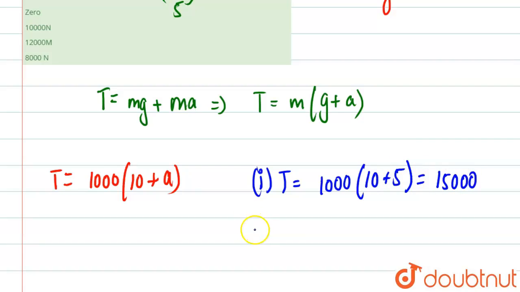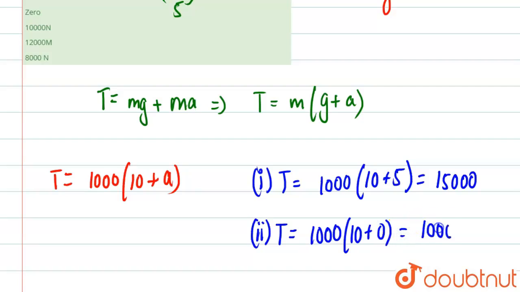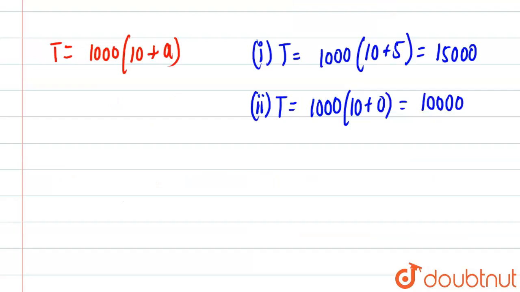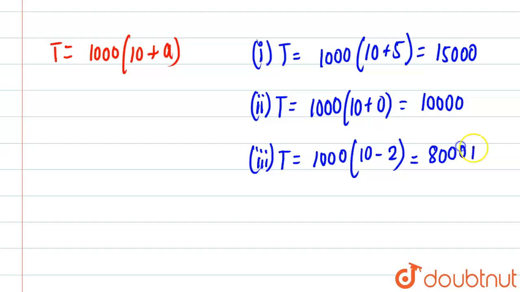For case 2, T will be equal to 1000 into (10 plus 0), which is equal to 10,000 Newton. And lastly, tension will be equal to 1000 into (10 minus 2), which is equal to 8,000 Newton. Everything is in Newton, as you can clearly see.